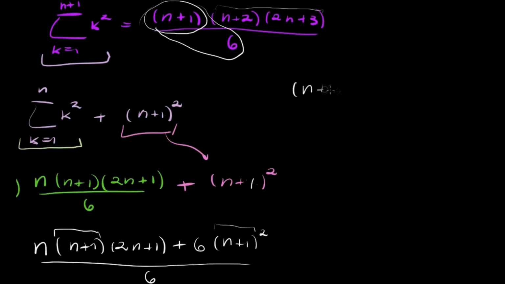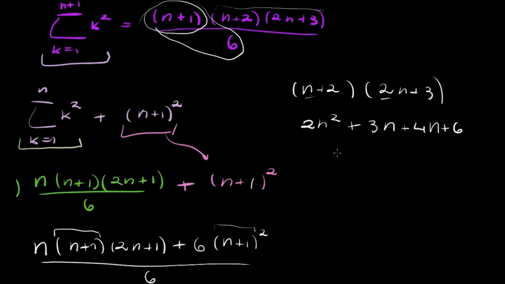So n plus 2 times 2n plus 3. I'm gonna do all the distributives, and I get 2n squared, plus 3n plus 2 times 2 is 4n, plus 2 times 3 is 6. This is 2n squared plus 7n plus 6. Okay, and I'm gonna save this.